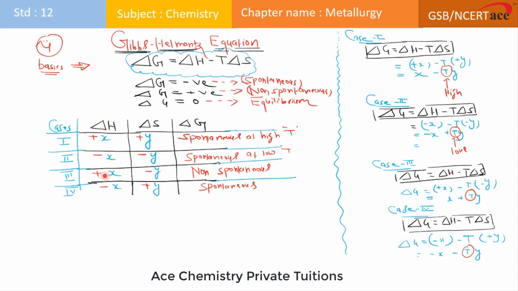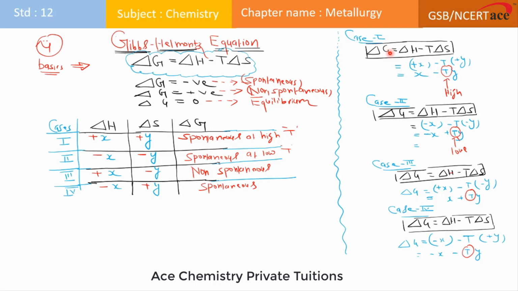So in the third case, delta H is for an endothermic reaction and delta S is for a reaction where the randomness of the system decreases. In case 4, the delta H is what? Negative and delta S is positive. So here the reaction is exothermic and the randomness what? Increases. So by considering all these cases, if the values of delta H and delta S are substituted, we can predict the value of what? Delta G, and we can predict the nature of the reaction which occurs.